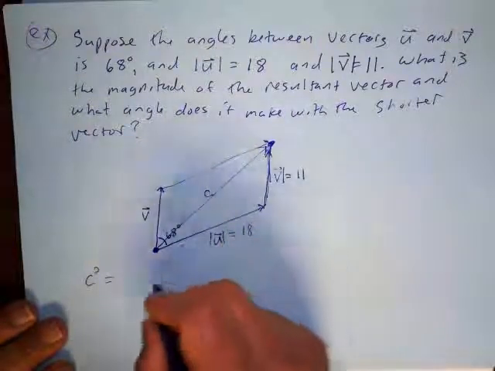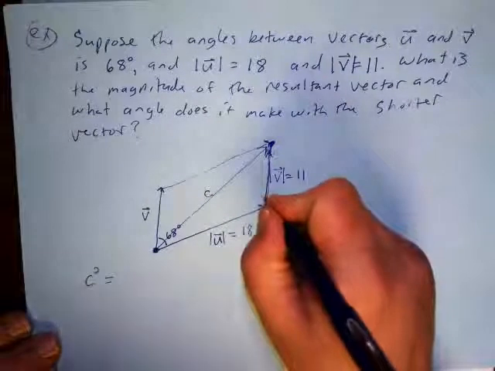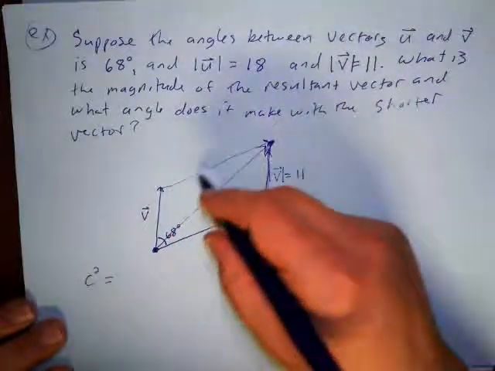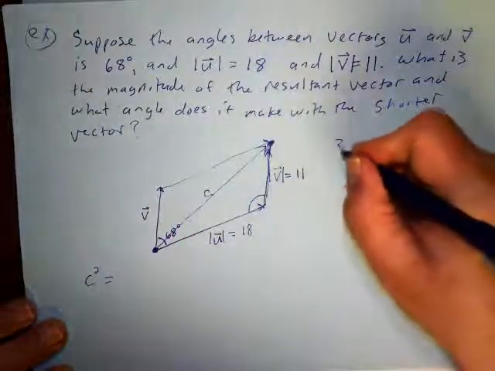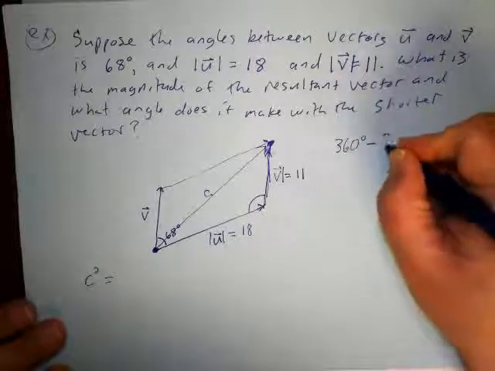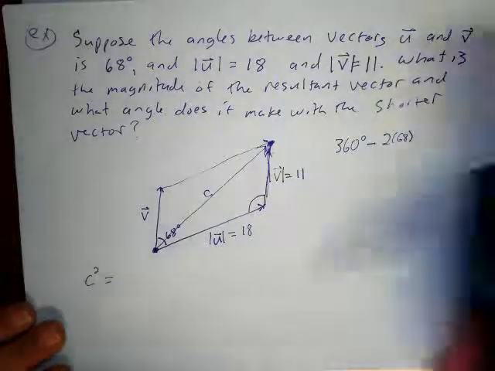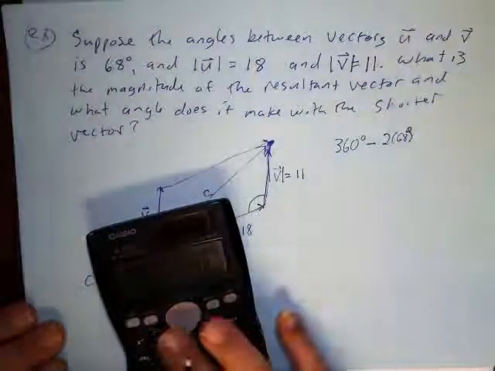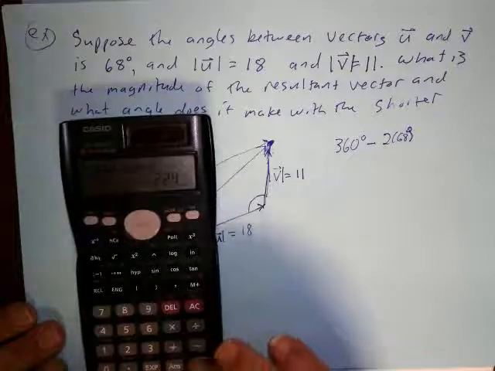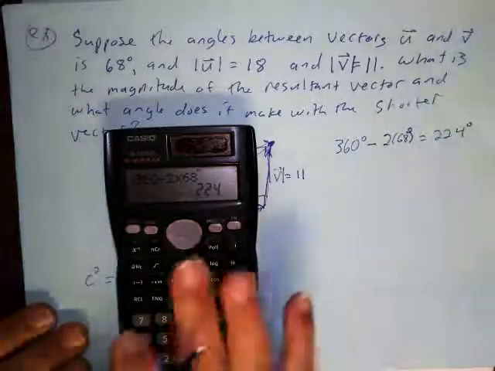So I get that c squared is equal to, now I'm going to use the law of cosines. Oh, before we can do that, we need to know what this angle is. All of these add up to 360. So I take 360 degrees minus 2 times 68 degrees, and I get 224 degrees.